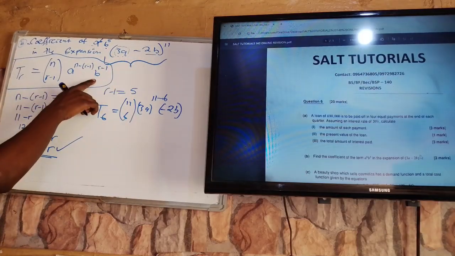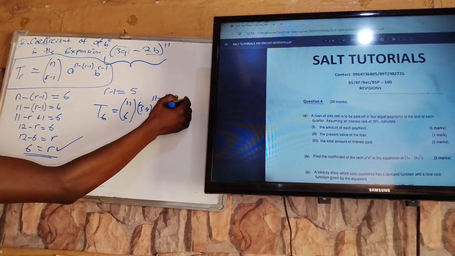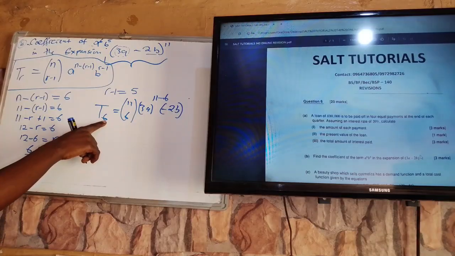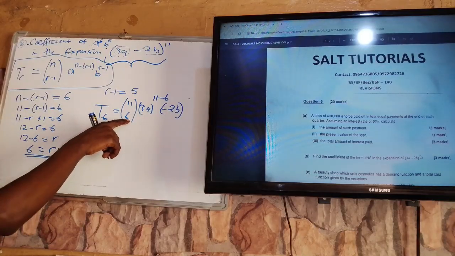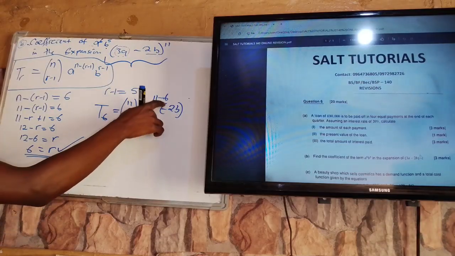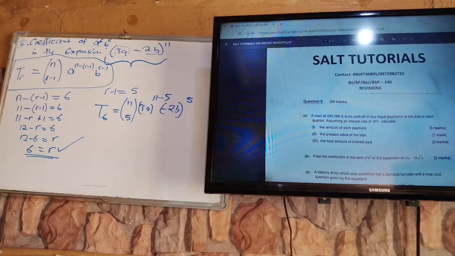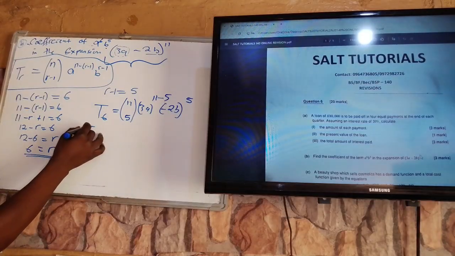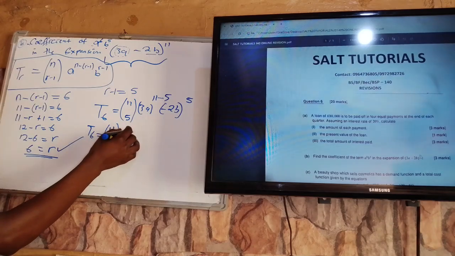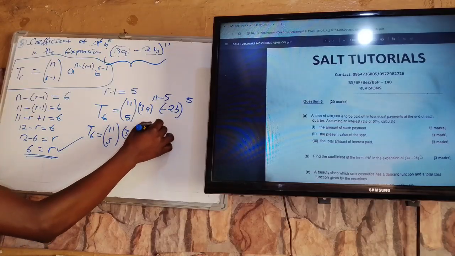negative 2b power r minus 1, which is this. Since r is 6, in the bracket here we are going to have r minus 1, which is 6 minus 1, which is 5, and 11 minus that 5, and this is negative 2b power 5, implying that our 6th term will be equal to 11 combination 5, 3a power 11 minus 5, which is 6, negative 2b power 5.